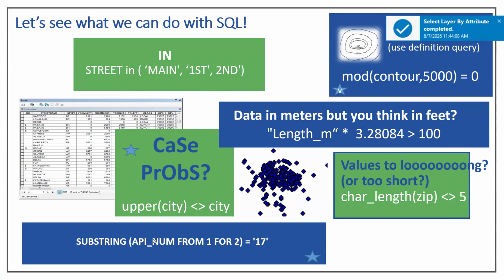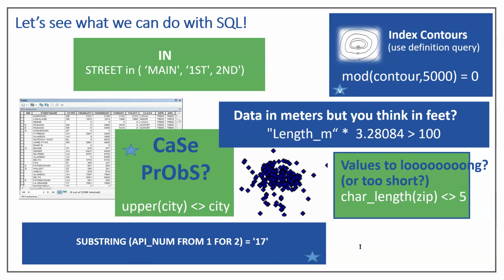And then one more, you can use a substring function. Sorry, this slide's a little mixed up because I have one operator and the rest of these are SQL functions. But anyway, substring pulls out a portion of a string. So here I'm searching for substring of API num.